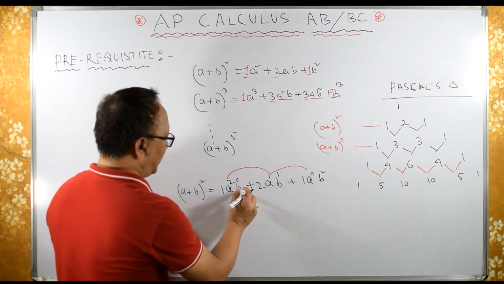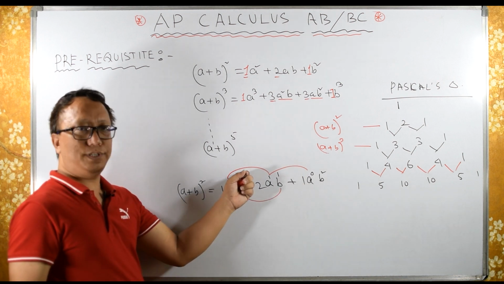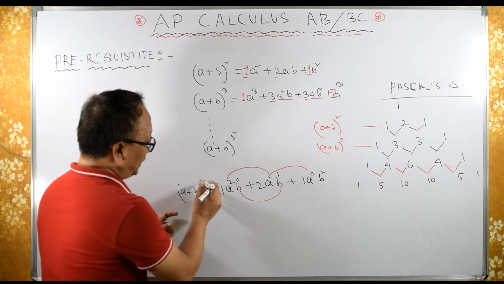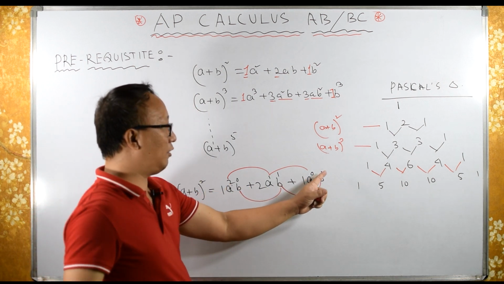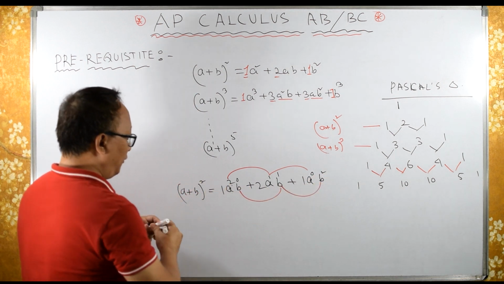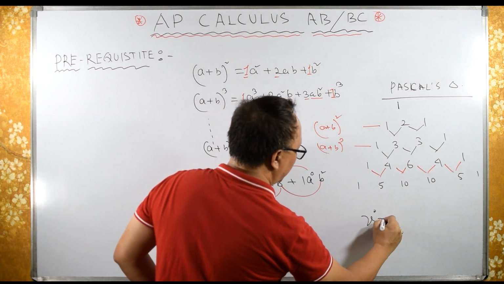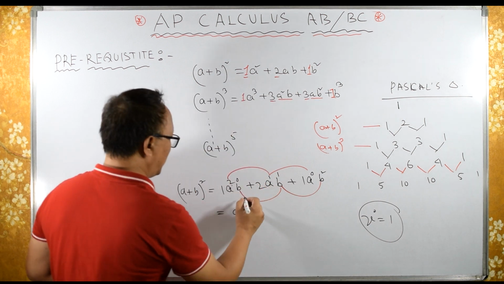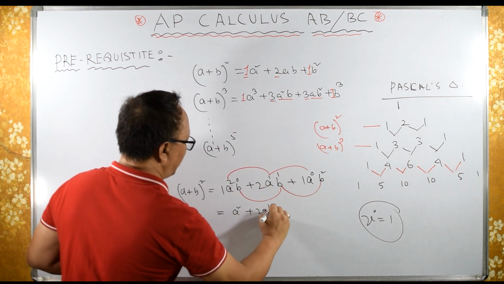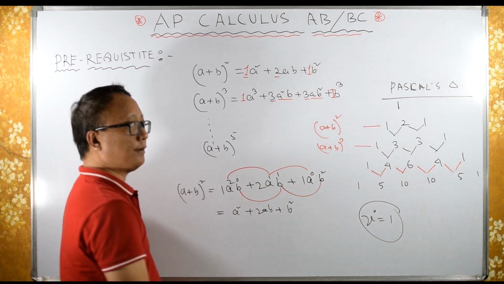And what about b? b starts from 0 and then keeps increasing till you get the higher power, which is 2. Okay. Now if you expand this, you will get a squared. Anything raised to 0 is 1. Okay. So this becomes a squared plus twice ab plus b squared.